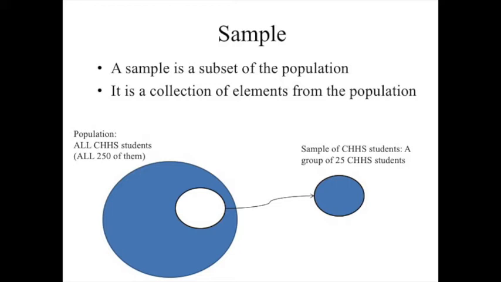Not all of them. All of them would be the population, but a subset of them would be a sample. We can sample 100, we can get a sample of 10, we can get a sample of 50, whatever it is, but it's a subset of that population.